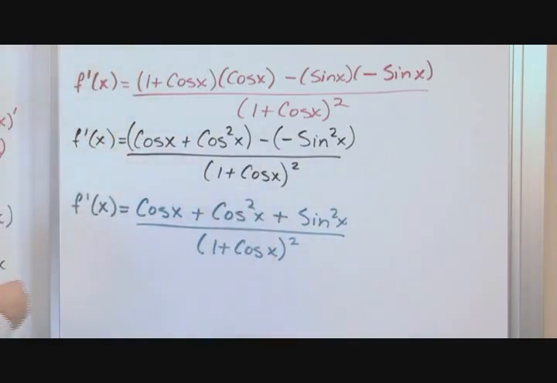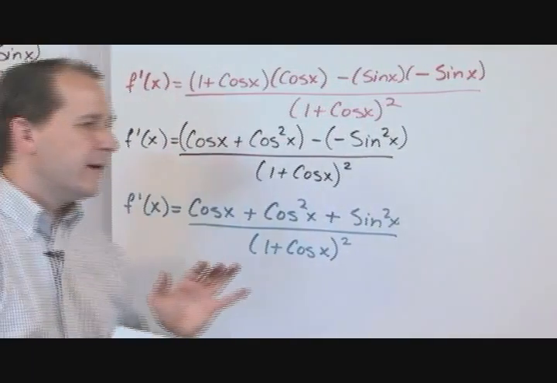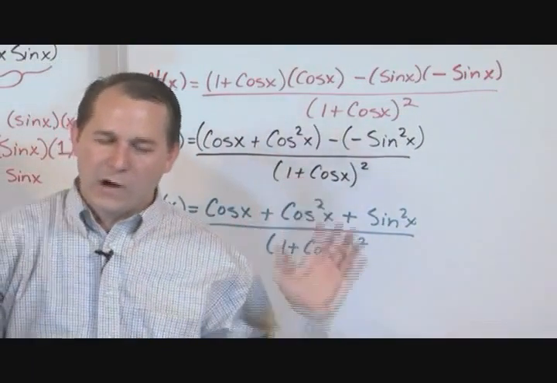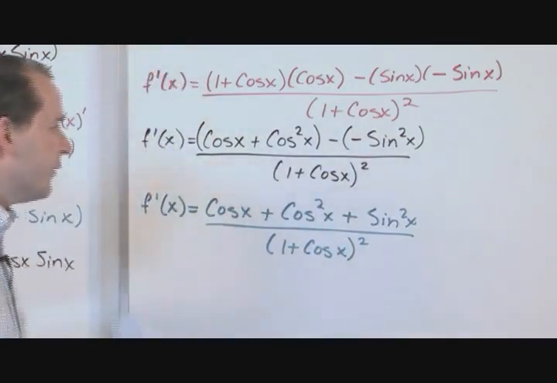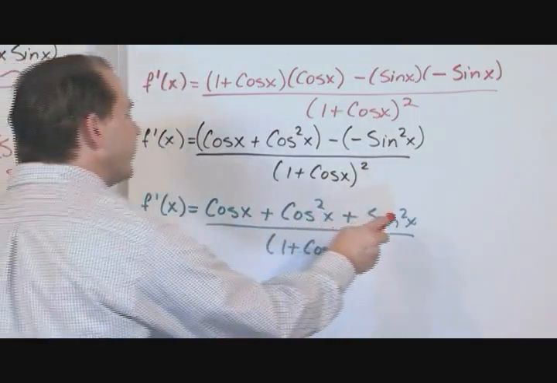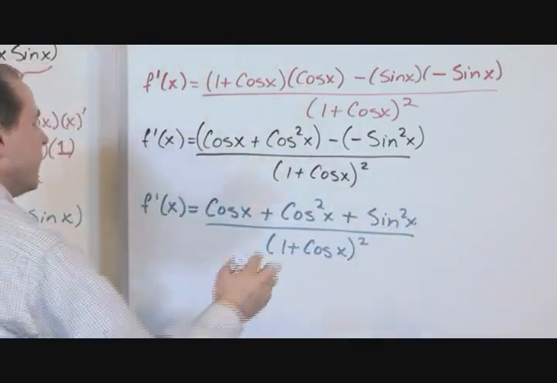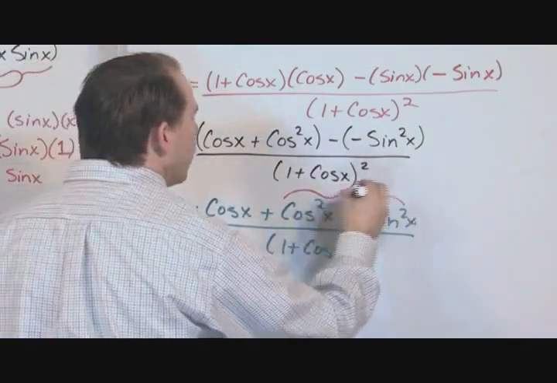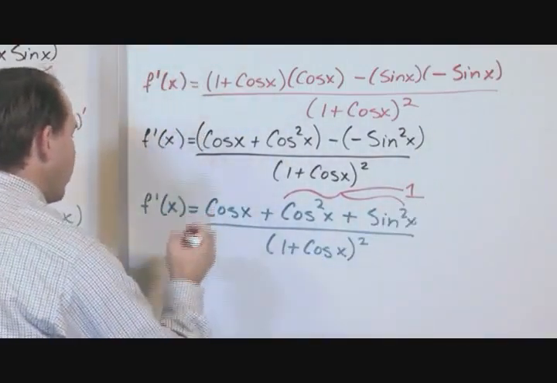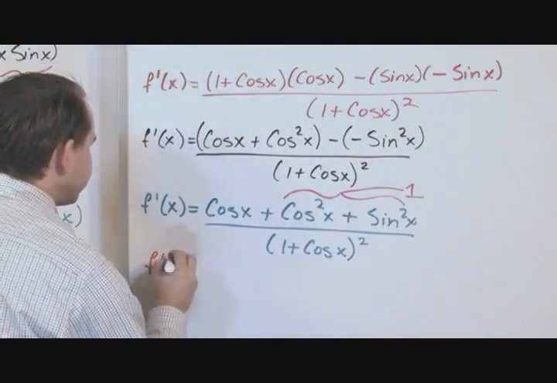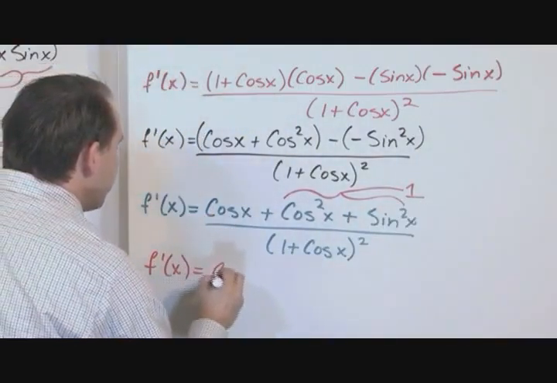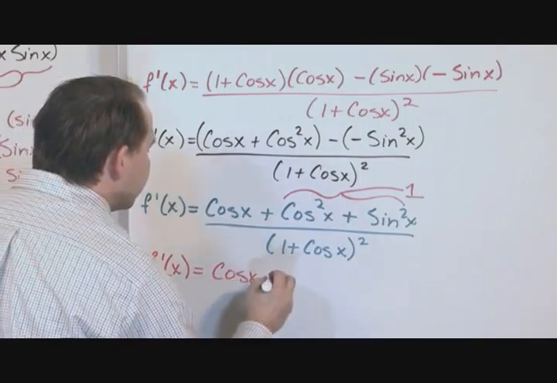Now you may look at this and say, haha, I'm done. There's nothing else I can factor out, whatever. But remember, I told you in the last section, if there's one trig identity you need to remember, it's always going to be that cosine squared plus sine squared of the same number or variable is always going to be 1. Always. So what you really have on the top, when you look at it, is cosine x plus 1.